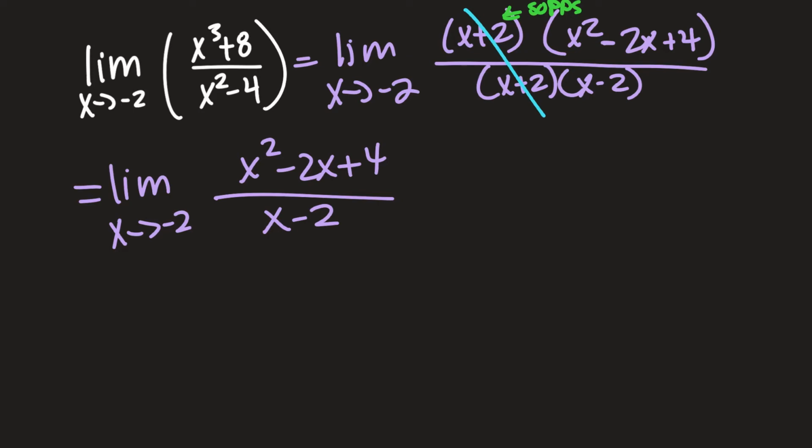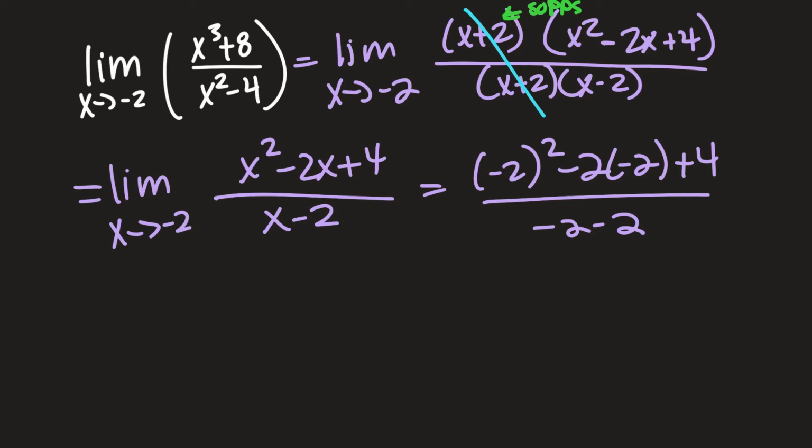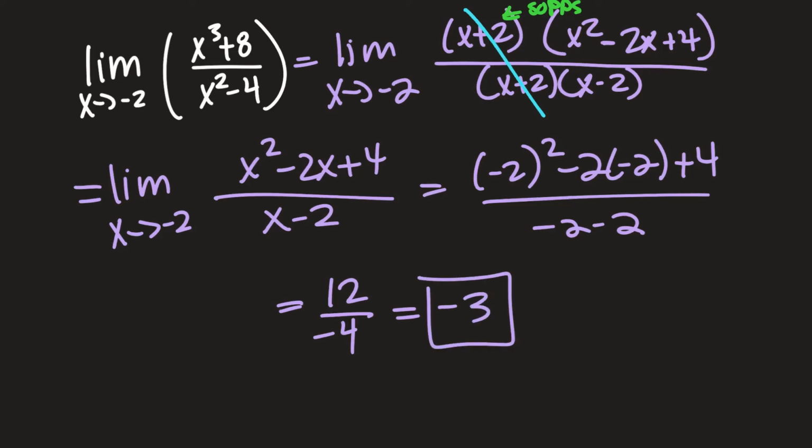Okay, no longer is this discontinuous at -2, so I can plug and chug. And I get -2 squared minus 2 times -2 plus 4 all over -2 minus 2, which gives me 12 over -4, which is -3.